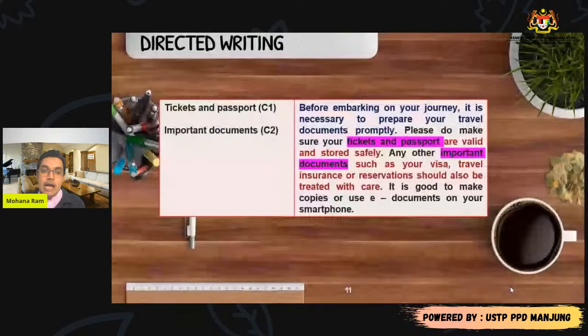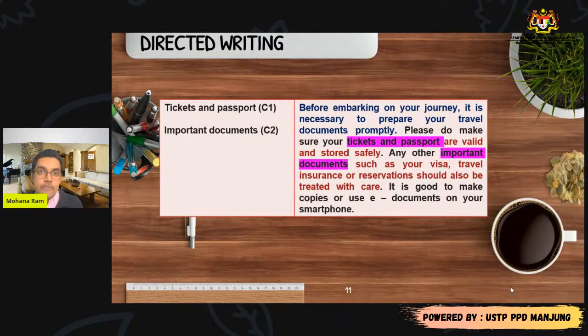The first 2 points here are tickets and passport, important documents. These are the first 2 points, things that you need to prepare before going for your holidays. Let me read for you my second paragraph, then I will share with you some tips. "Before embarking on your journey, it is necessary to prepare your travel documents promptly.